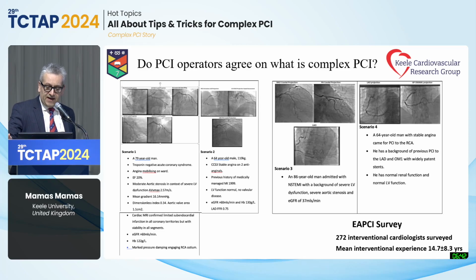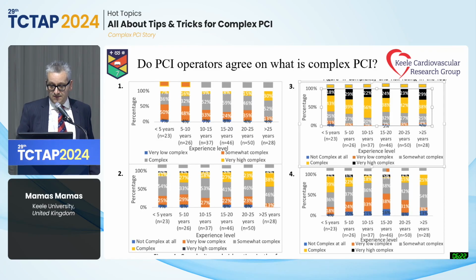So this was a survey that we undertook with EAPCI, 270 interventional cardiologists, mean experience of 15 years. So this is 15 years post-finishing their fellowship. And we showed them 4 case scenarios. And we asked them, is this complex PCI? And that's why I asked the question at the start.